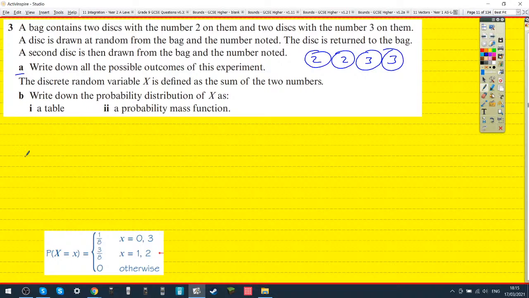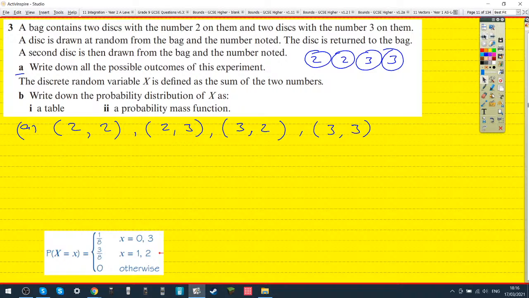So possible outcomes: a 2 and a 2, a 2 and a 3, a 3 and a 3, a 2 and a 3, and a 3 and a 2. That's it. Okay, write it as a table.